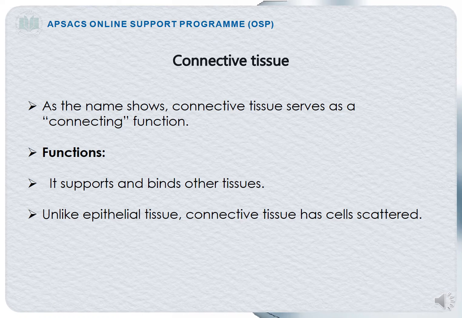Connective tissue. As the name shows, connective tissue serves a connecting function. As you all know, the human body consists of bones, muscles, skin. So what do you think? They all are attached to one another, or are they free? So students, they are attached to one another.